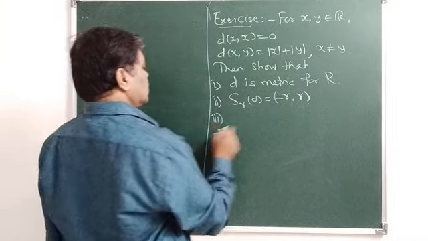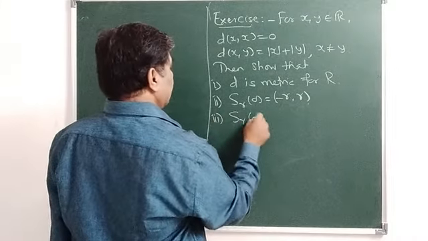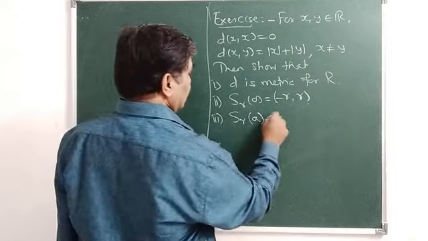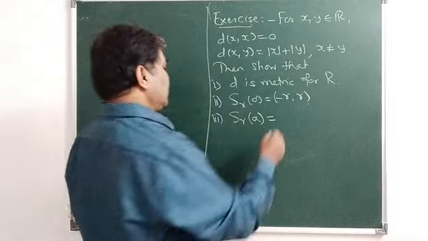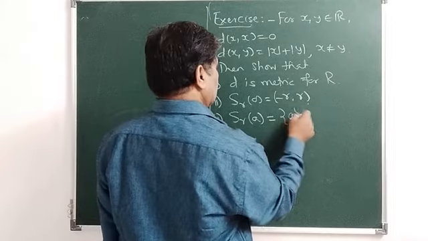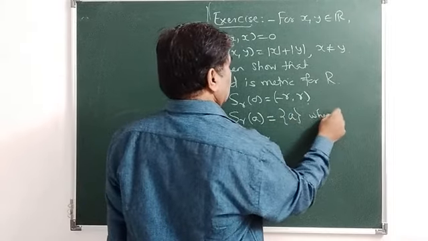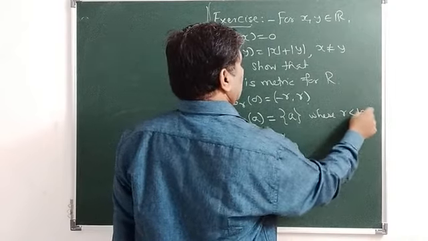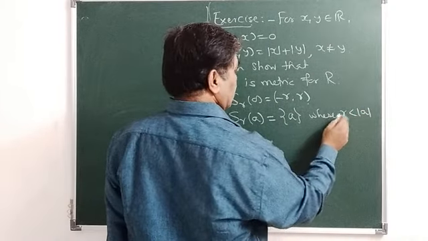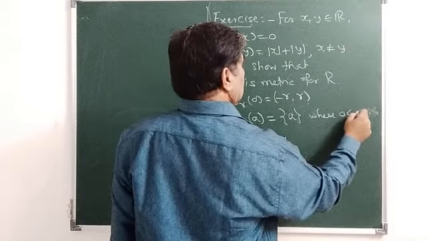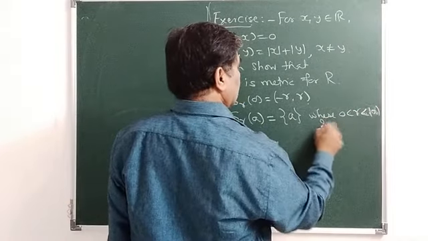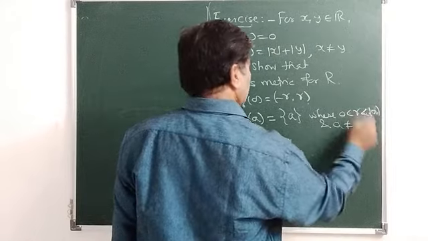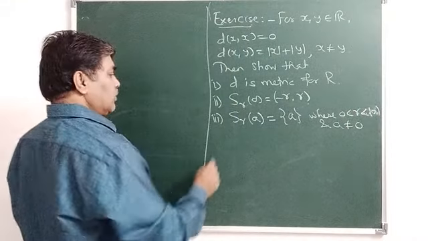Third, S(r, a) is equal to just the singleton set {a}, where 0 less than r less than mod a, and a not equal to 0.